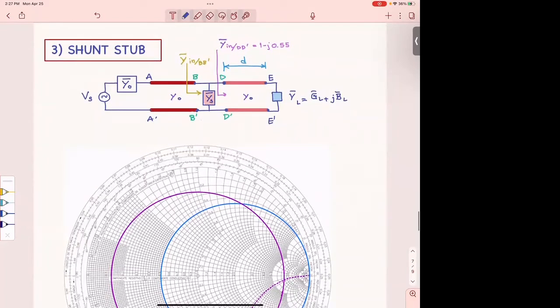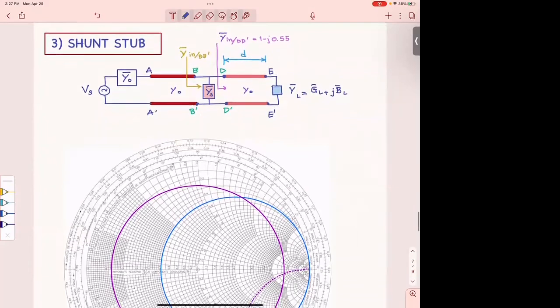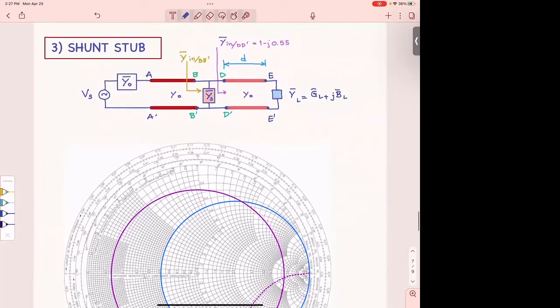Now, what happens if somebody comes to you and gives you a problem like this, where everything is in admittances? How would you solve a problem like that? We'll solve this problem today, and then on Wednesday, I'm going to help you understand when to select going with admittances or impedances.